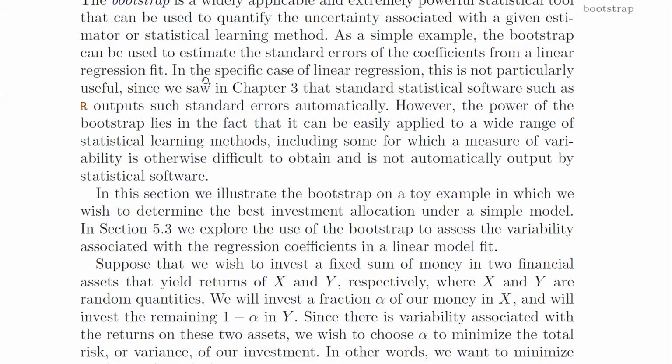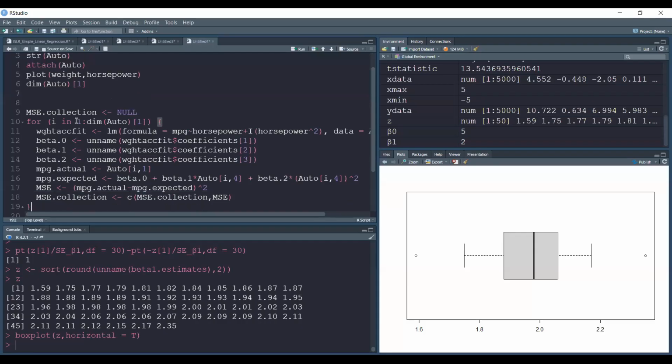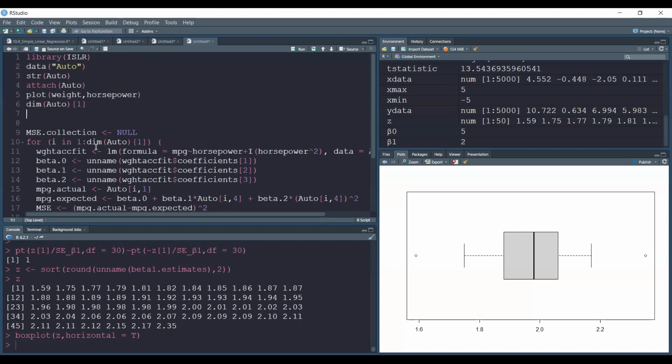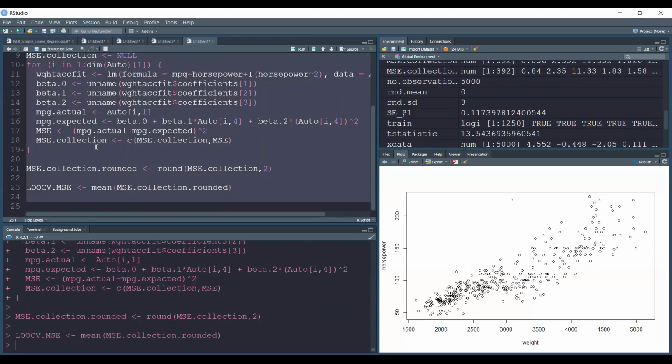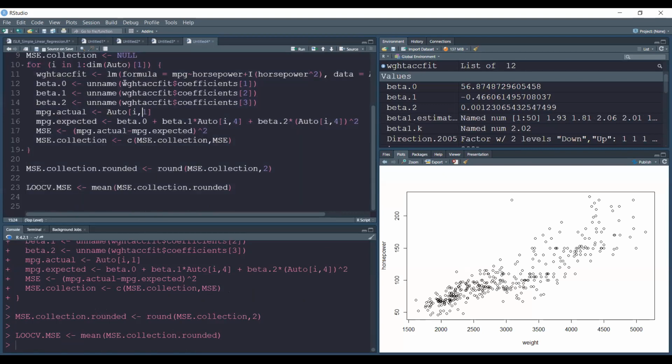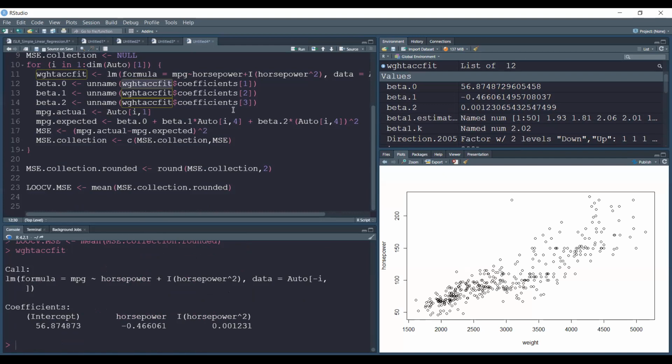So in the specific case of linear regression, this is not particularly useful, since we saw in chapter 3 that standard statistical software, such as R, outputs such standard errors automatically, right? So the standard error, do we have yesterday's code? So if I just run this entire thing, this was on the auto data set.